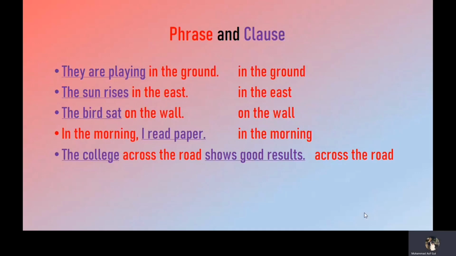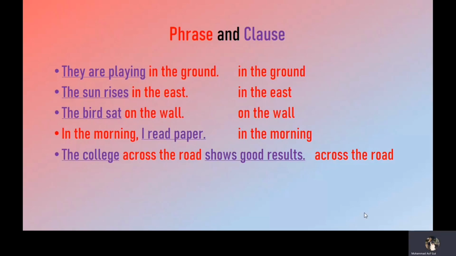So such a group of words which cannot stand on its own, which cannot convey full meaning independently, is called a phrase. So in the ground, in the east, on the wall, in the morning, across the road, all these five chunks of words are phrases because they do not give complete meaning independently.